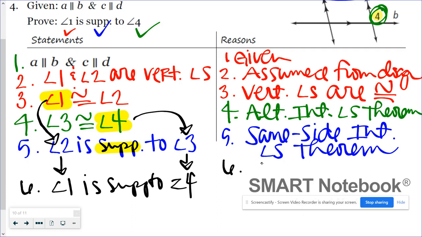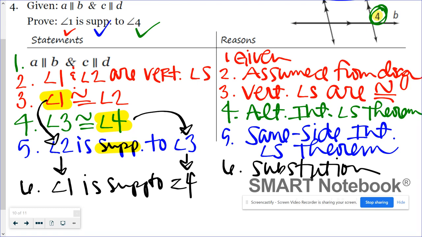And what this is called is substitution, because we replaced angles 2 and 3 with angles they were congruent to. So we made a simple replacement.